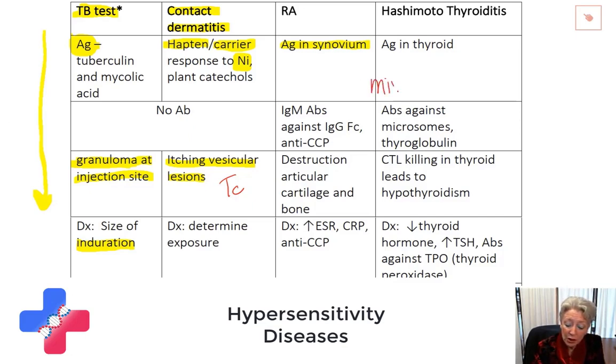Because if you recall, I tried to emphasize to you that as I make a cytotoxic response using M1s and TH1s and cytotoxic cells, the debris that is formed by the killing from the cytotoxic cell can spill over onto the right-hand side of the pathway and create the M2 TH2 pathway and culminate in antibody production.